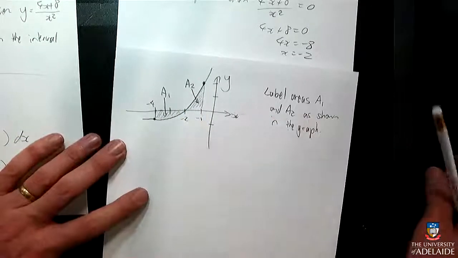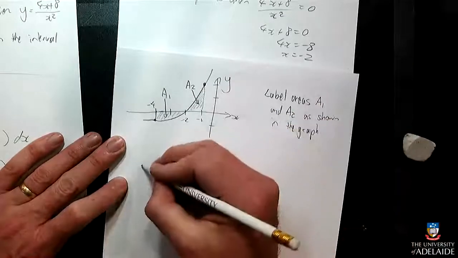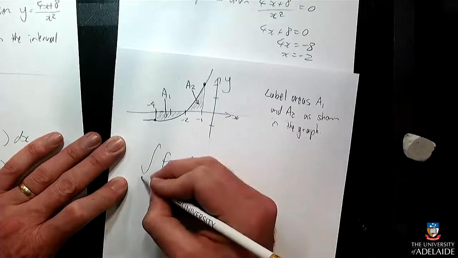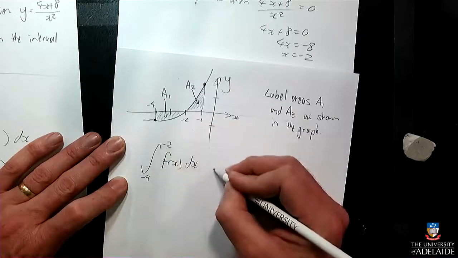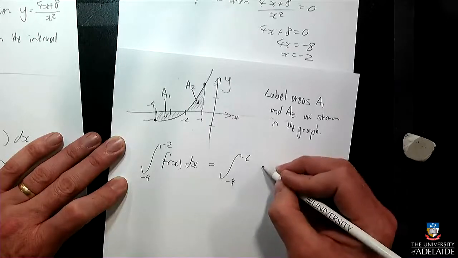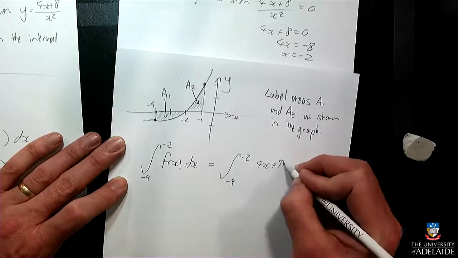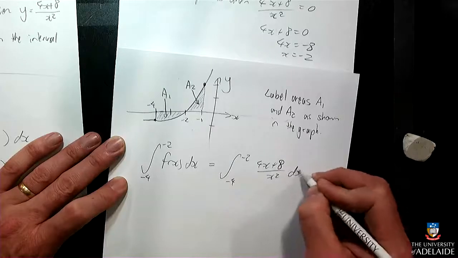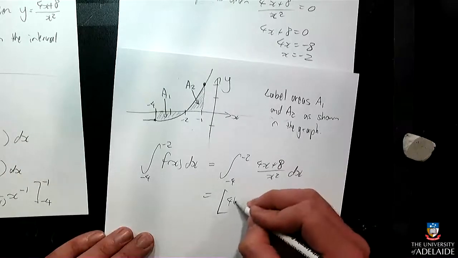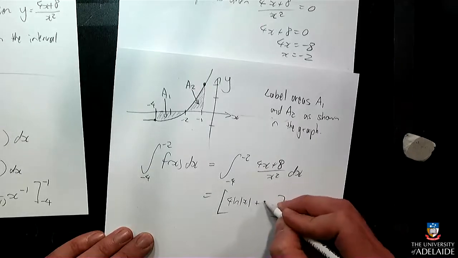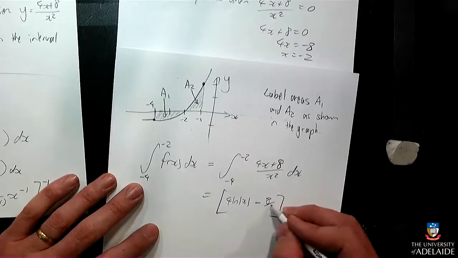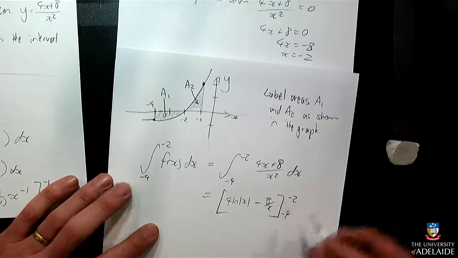So let's see. The integral of f of x dx from minus 4 to minus 2 is the integral from minus 4 to minus 2 of 4x plus 8 over x squared dx. And we already know what that works out to be. It works out to be 4 ln of the absolute value of x, minus 8 over x, from minus 4 to minus 2.